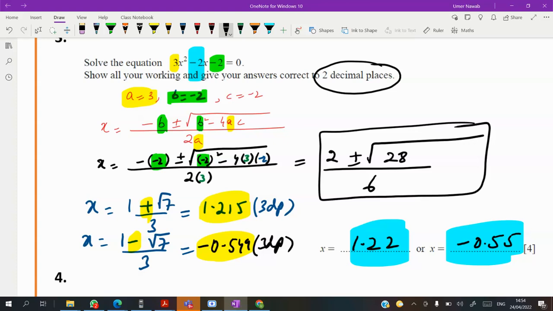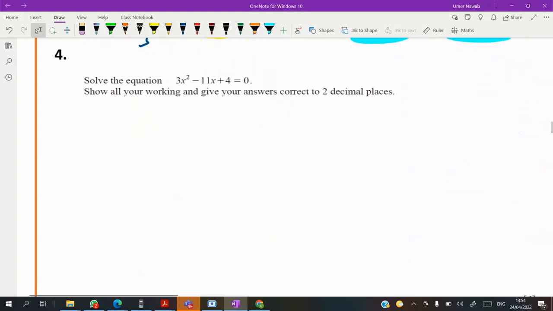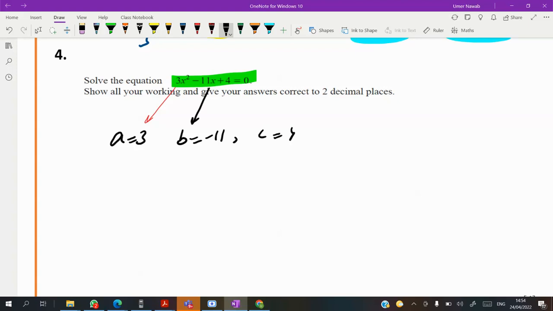Clear, boys? Let's go to one more question. Here you can see the coefficient of x squared is 3, b is negative 11, and c is 4.